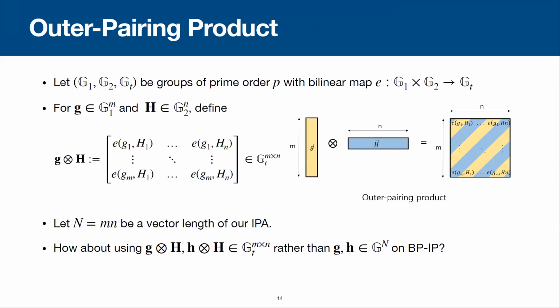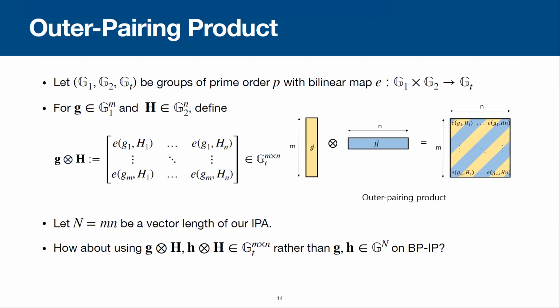To change the CRS form, I introduce a new notion, the outer pairing product. Let G1, G2, GT be groups of prime order p with bilinear map e. And let's define the outer pairing product for group elements G and H. Define G tensor H as this.